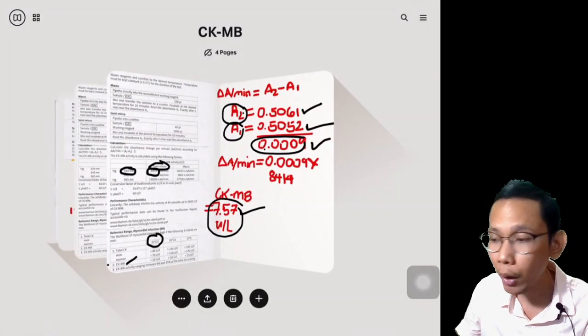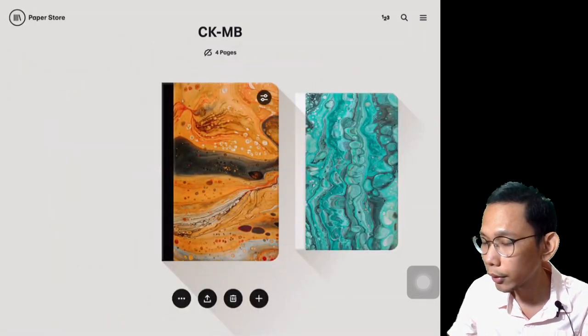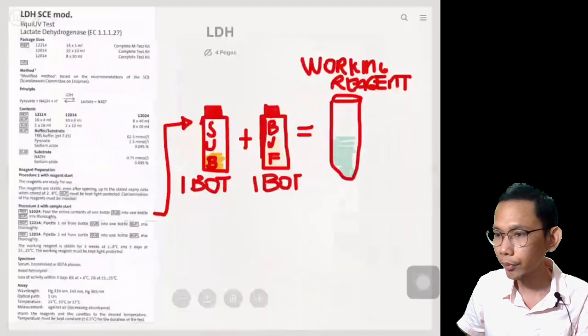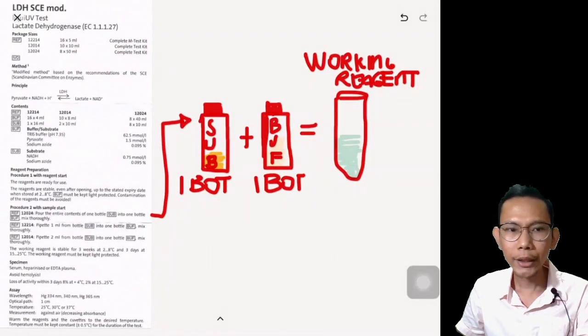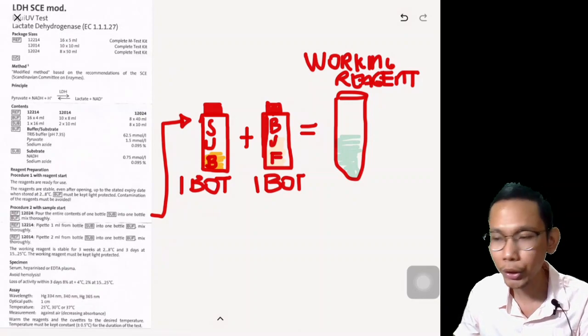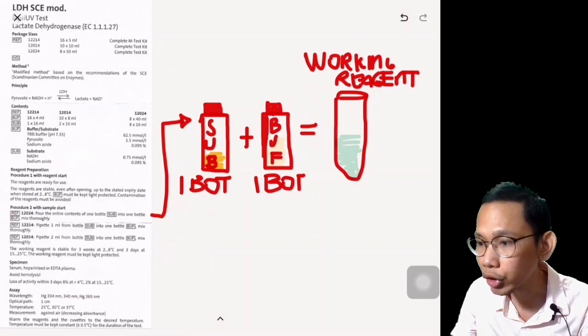Let's proceed with our LDH. I know guys, medyo maliit ang ating insert. So, you can print out a copy and just follow my discussion, okay? LDH is lactate dehydrogenase.